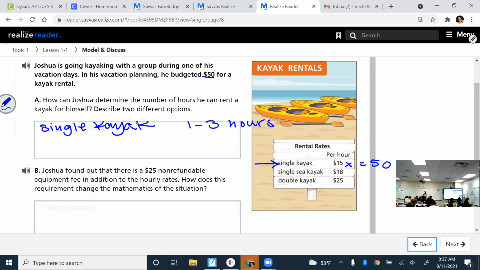So this side of the room, we'll kind of split it this way, right down the middle. This side of the room, figure out how many hours he could rent the second option for on your paper. So don't say it out loud. Figure out the maximum number for that option. And then this side of the room, figure out the maximum number for the third option.